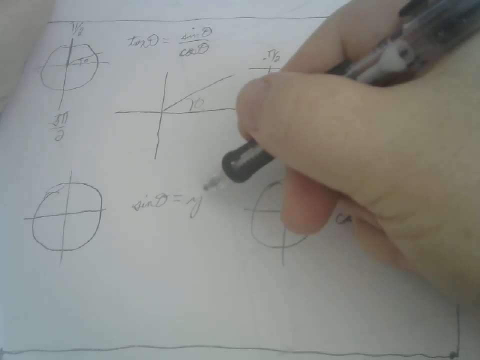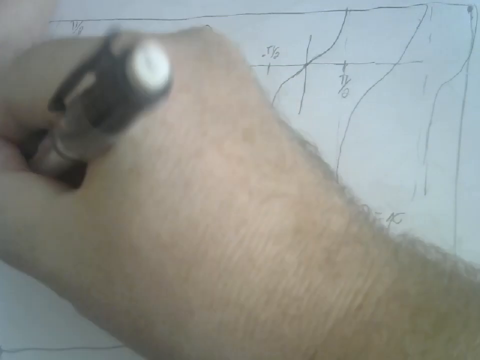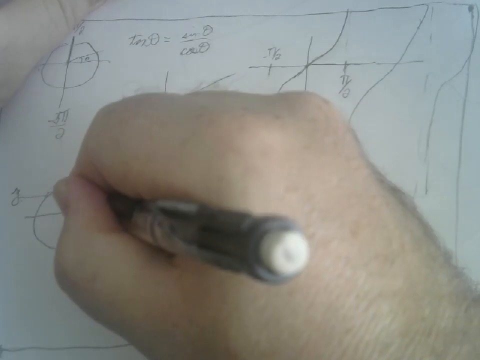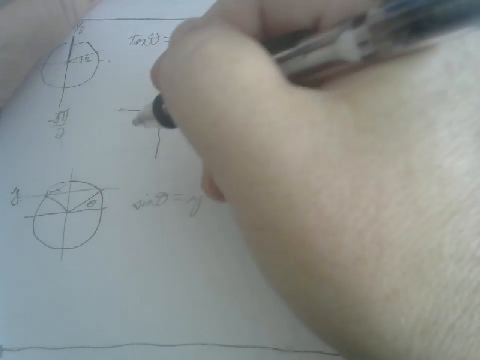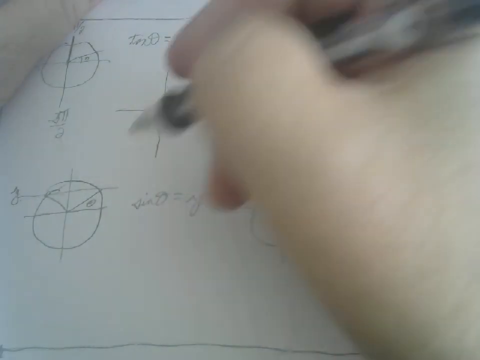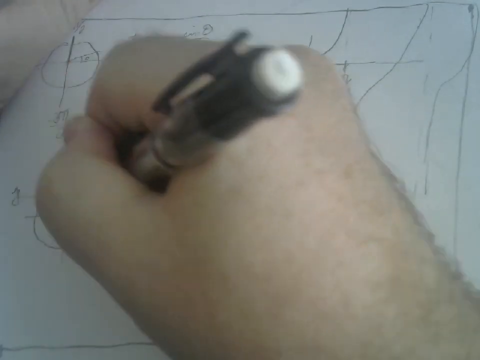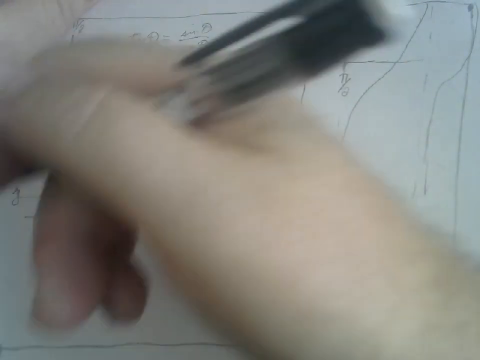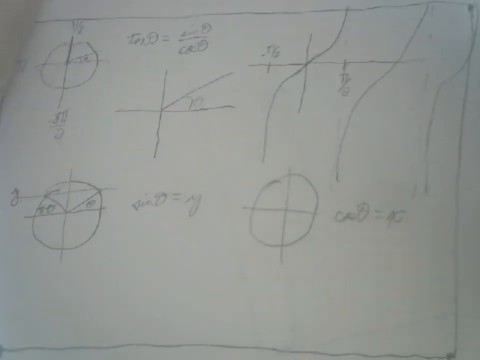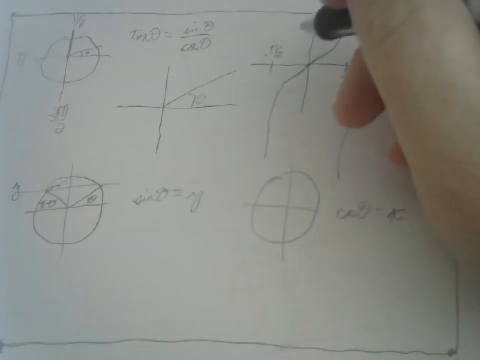And what I'm going to do here on the sine theta equals y, I'm going to draw a straight line across here. This is my value y. And then we will have two solutions, one here, theta, and the other one is pi minus theta, because this is pi, and then we're going to move back an angle of theta from that point. So that is theta and pi minus theta.